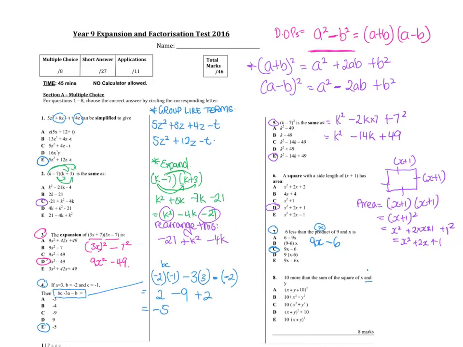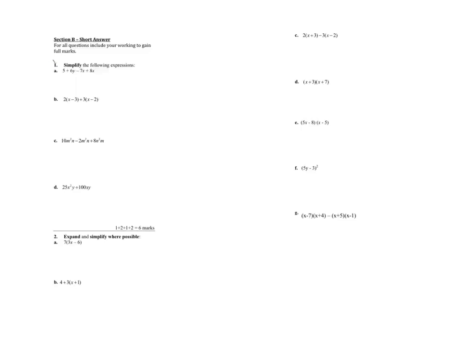So "sum" is like a plus as well. And so we've got x and y, and we're squaring it, and we've got 10 more, so you're adding 10. So we would see D being the answer.